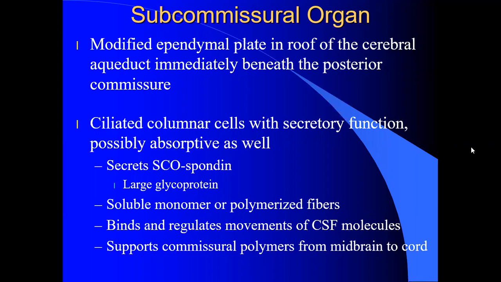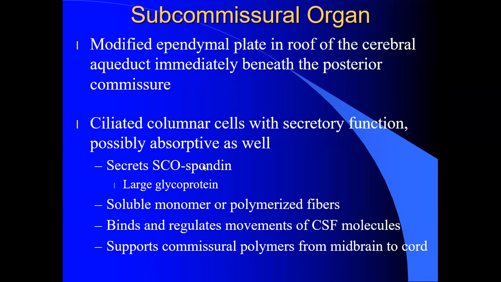So the subcommissural organ is a series of ciliary columnar cells with both secretory and absorptive function. And they are sensing what's going on in the CSF. Their mode of action is really interesting. When I did this 3 years ago, we knew that they made this molecule, SCO-spondin, the subcommissural organ spondin protein.